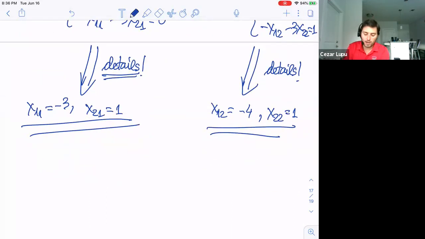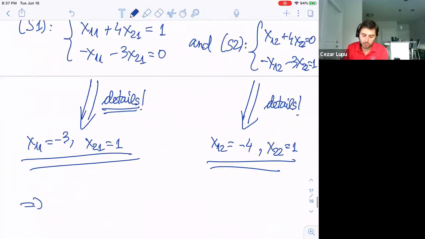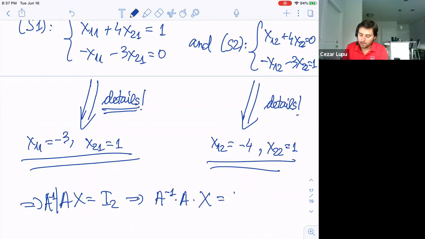And at this point, I can write that my matrix A, so if you look here, this implies that AX equals the identity. If I multiply by the inverse to the left, this implies that A inverse times A times X is A inverse times the identity.